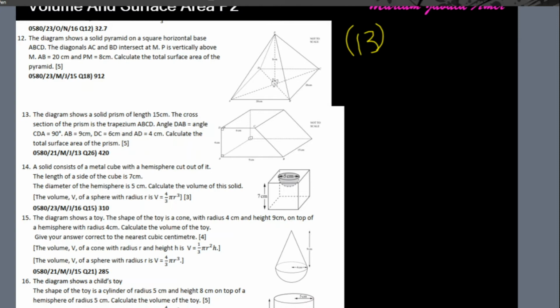The total surface area is simply the area of all surfaces. I see 2 trapeziums, and I'll apply the formula half into height into the sum of parallel sides.